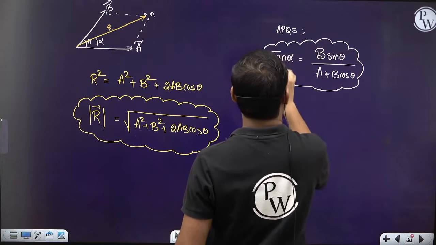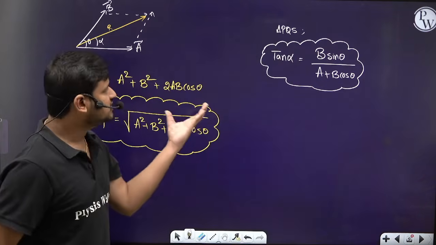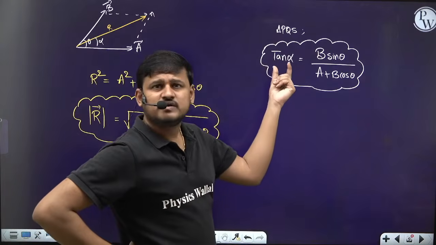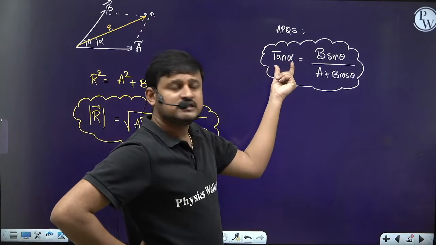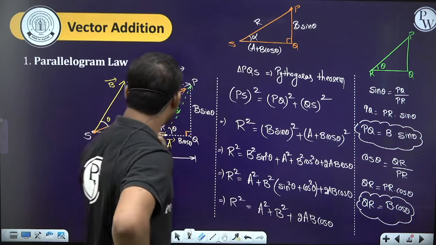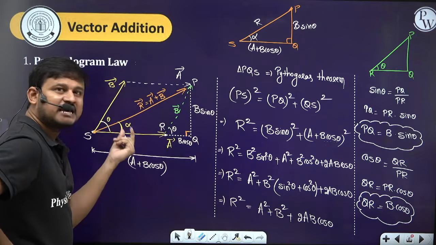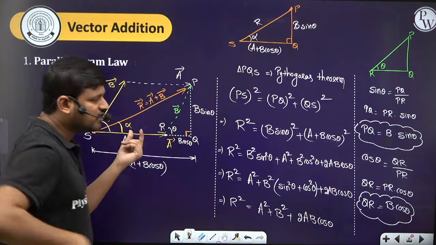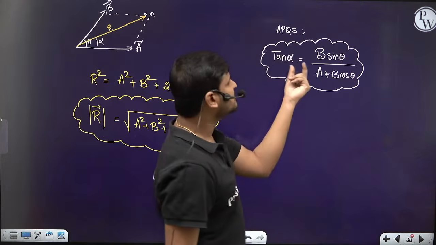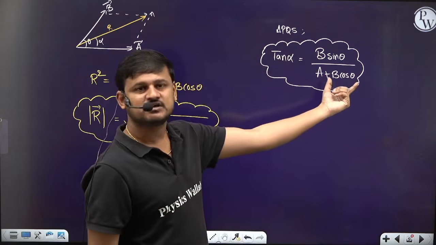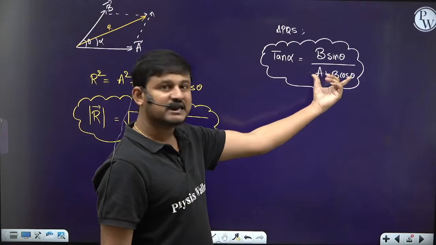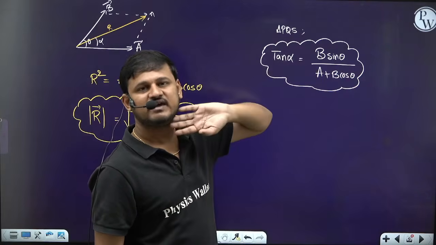That's it. Clear? So how do we say the direction? The resultant is making some angle alpha, and that alpha is equal to tan inverse of B sin theta by A plus B cos theta. So this much angle it's making with the A vector.